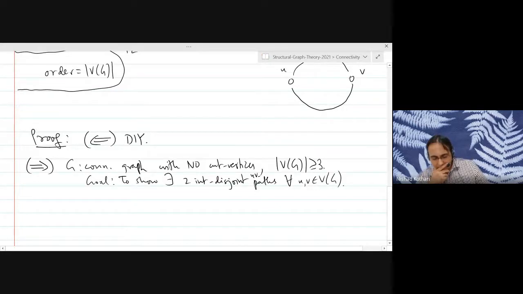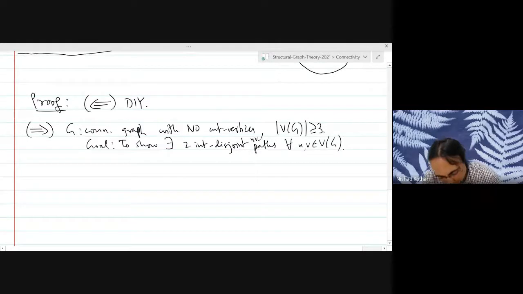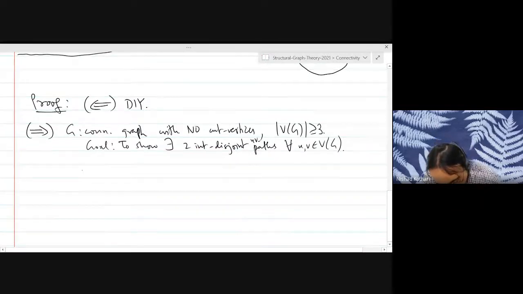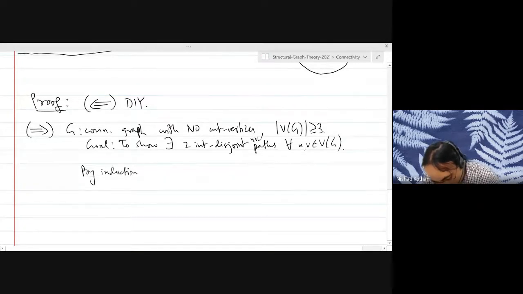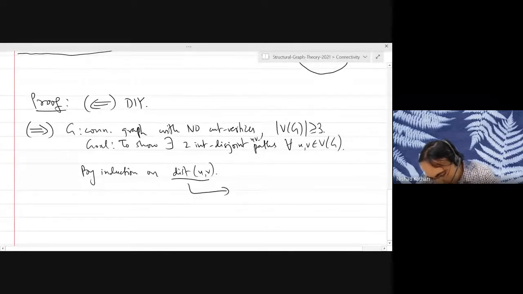Okay. So we are going to prove by induction on the distance between the two vertices u and v. This is exactly the proof as given in Bondy-Murty with minor notational or other changes. Okay. So we will prove by induction on the distance between the two vertices, and this means the length of the shortest path.